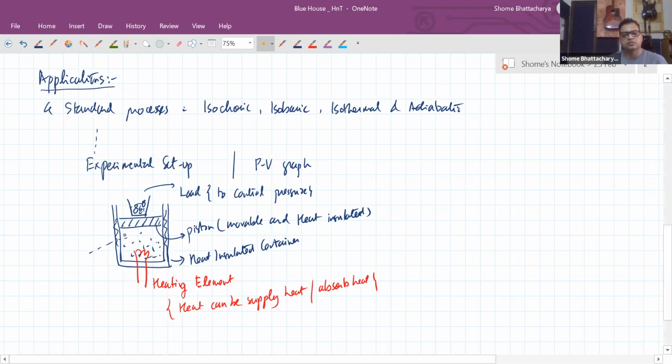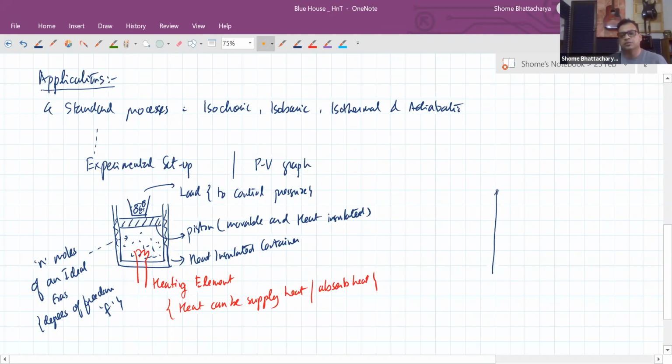And we have n moles of an ideal gas with degrees of freedom F. So this is our typical experimental setup.